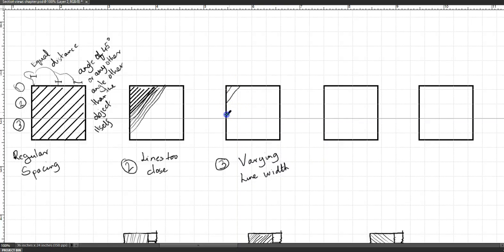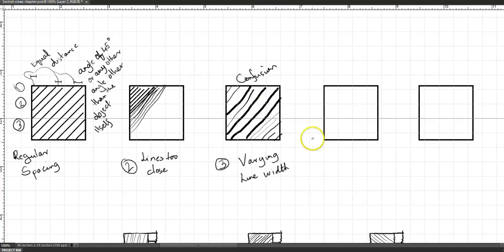I'm gonna draw a third one, a fourth one, a fifth one, sixth one, seventh one. Now what's happening over here is these lines are at a varying width. Like this line is thick, this line is thin, then we have thick, thick, thin, thin, solid. So that causes confusion. The thick line might be confused to be an object line.